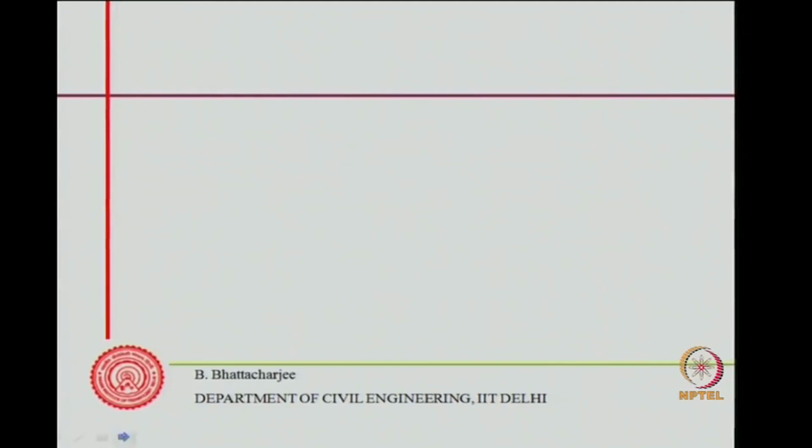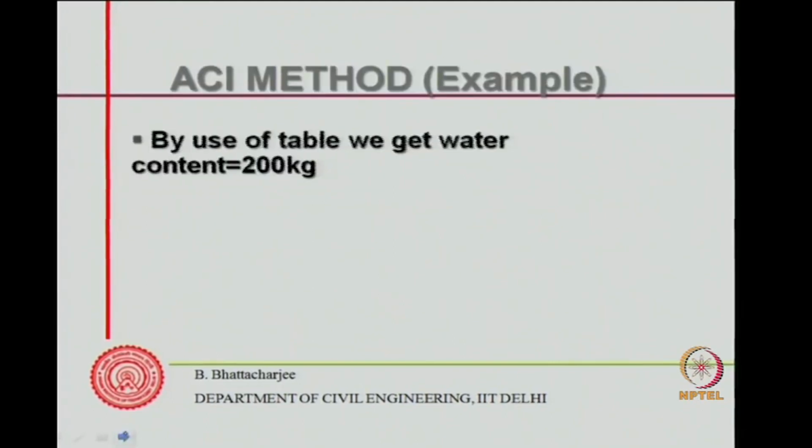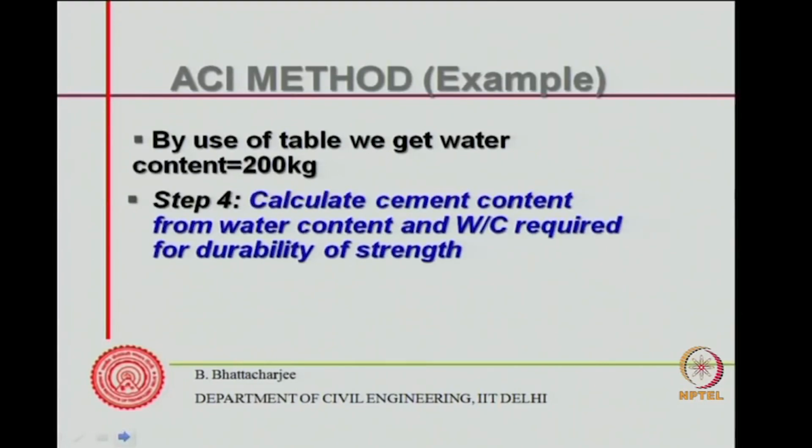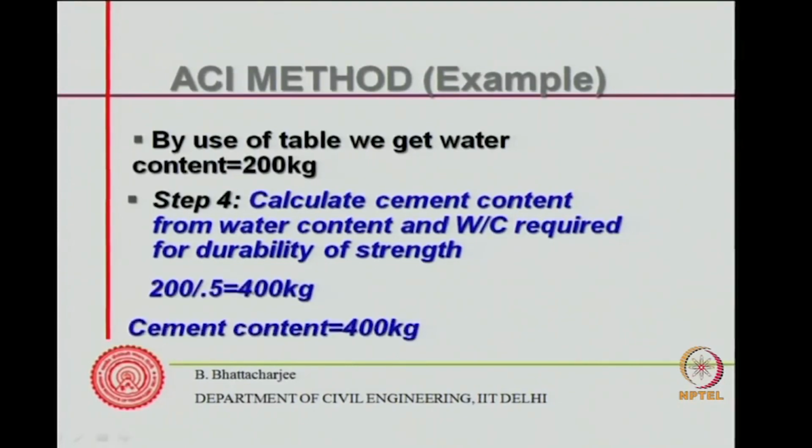Now, we can find out the cement content. The water content was 200. If I take the water cement ratio as 0.5, approximately for ease of calculation, this will be 400 kg. Let us say my water cement ratio specified for durability is 0.5.